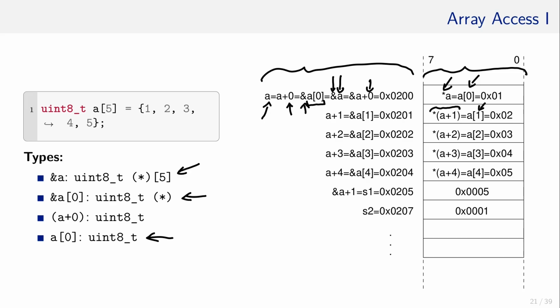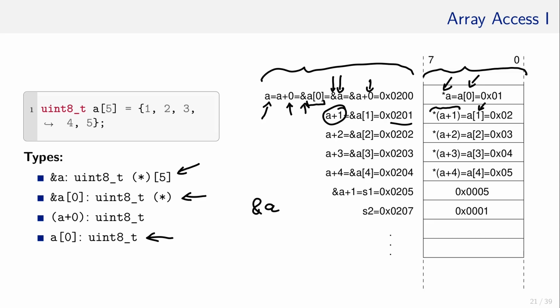Let's take A, which is 200 and of type pointer to an unsigned int8 value, and increment it. Hence, we have the address of 201 of the same type, a pointer to an unsigned int8 value. In contrast, let's take the address of A using the ampersand operator.